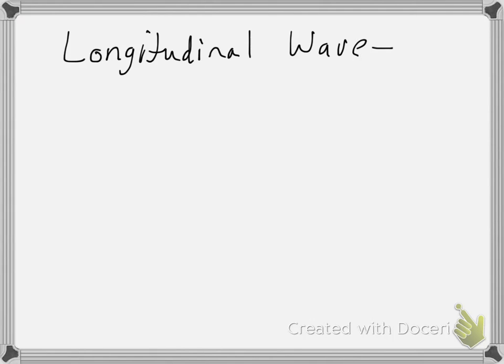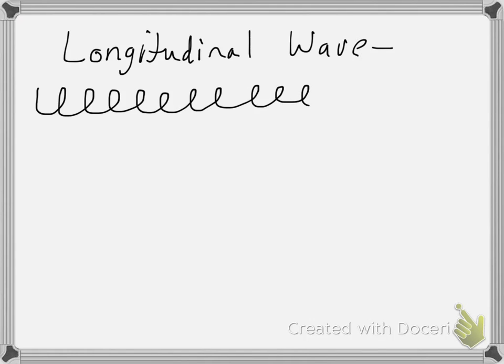And a longitudinal wave is the kind of wave that you can create when you have something like a slinky, right? And so imagine you have a slinky and this is its naturally unstretched or uncompressed state, right?